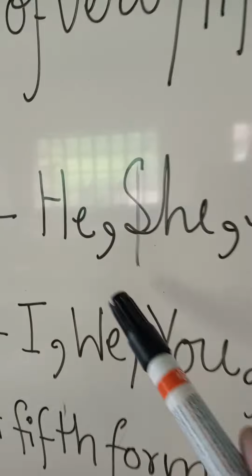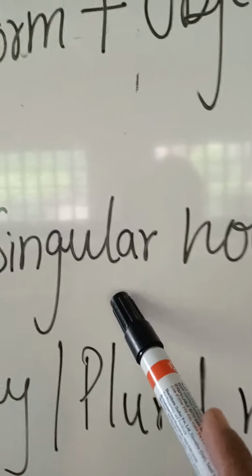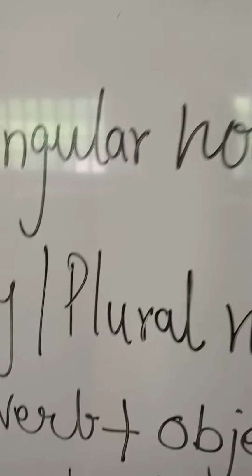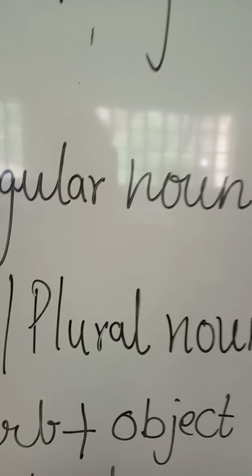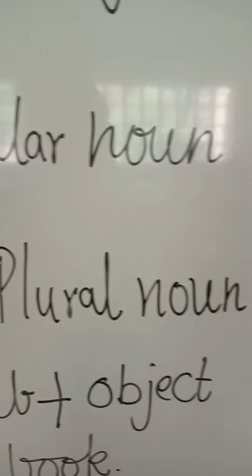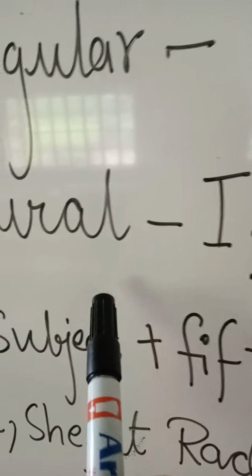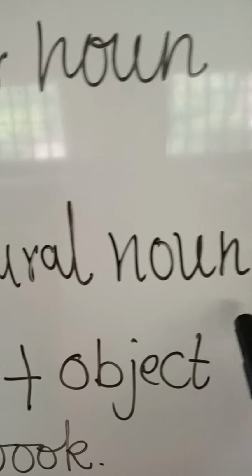The singular subjects are he, she, it, and any kind of singular noun. What is a singular noun, children? For example, boy is a singular noun and boys is a plural noun. Same as the plural subject: I, we, you, they, and any kind of plural noun.